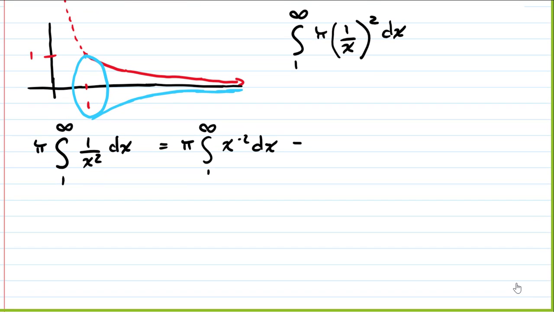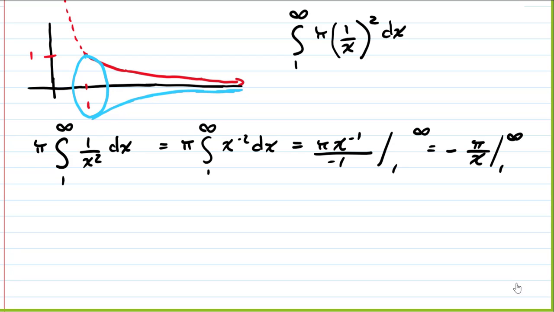So our antiderivative is going to be x to the negative 1 divided by negative 1, and we're going to evaluate that from 1 to infinity. But before we evaluate, let's clean it up a little bit. So it's negative pi over x evaluated from 1 to infinity. So we just use the negative exponent to put the x back in the denominator.